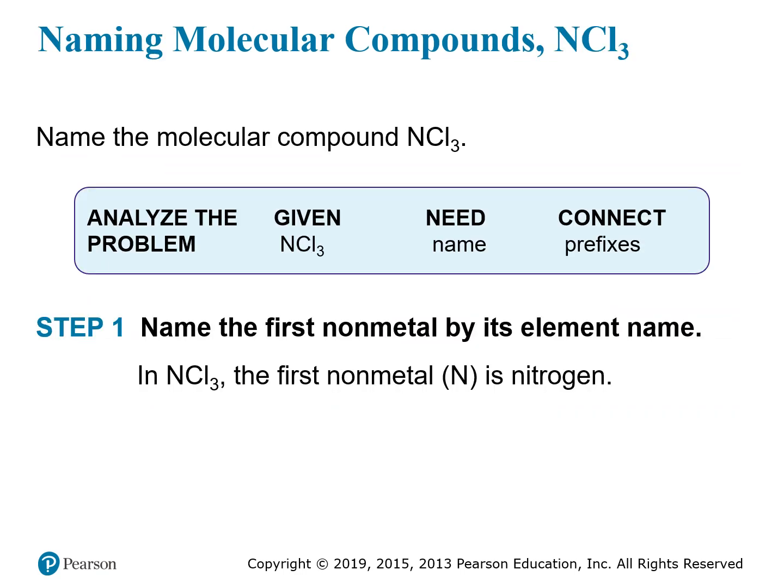So if we're given the formula of a compound, how do we name it? Okay, say we're given this formula, NCl3. One thing I want to mention before we go any further is Cl is chlorine. Get used to seeing chlorine, because you're going to see it a lot, and sometimes if you see a formula like this, people interpret it as NCI3, because N is nitrogen, C is carbon, and I could be iodine, right?